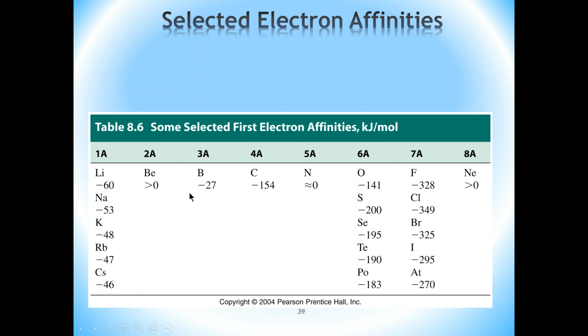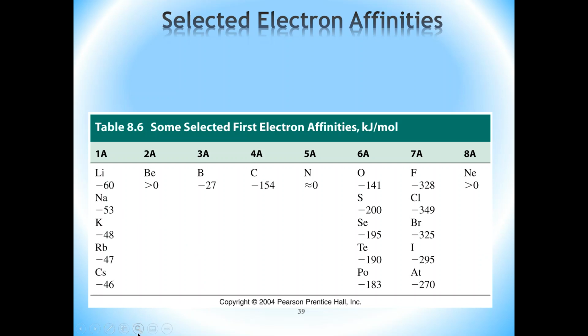Now, there's a bit of a buck to that trend here from -6 to -27, but after that, and there's another buck to the trend going from 0 to -141, but after that, basically, it's the same, and it's pretty much the same trend for any period. But it's rather complex, and that's why you have some exceptions to that particular trend, and that's all we're going to say about that.